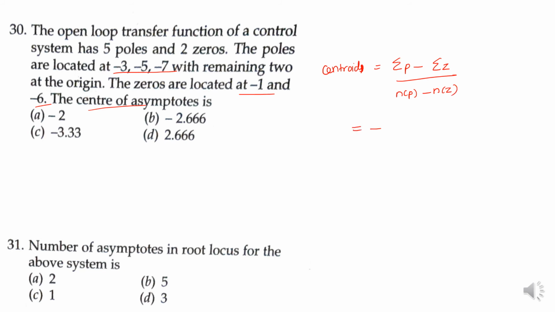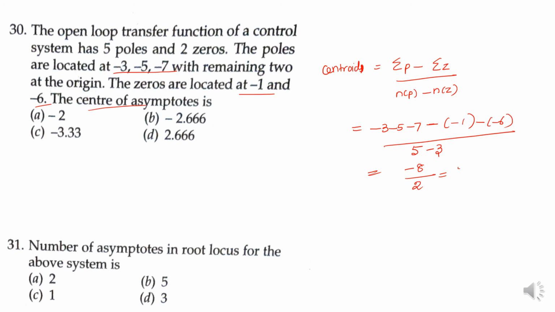Summation of poles: minus 3 minus 5 minus 7, the remaining 2 are 0 at the origin, minus of minus 1, then minus of minus 6. So minus 15 plus 1, that is minus 14, minus 14 plus 6, that is minus 8, divided by 2.